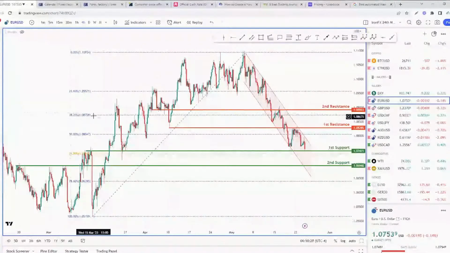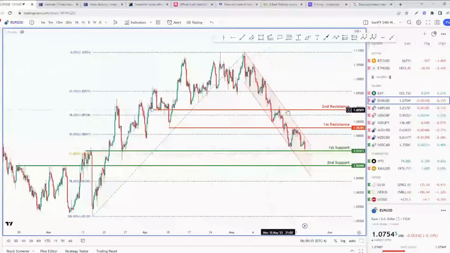But we don't just use the Fibonacci levels blindly, so to speak. We also try and match them with significant areas of support, right? So as you can see here, this price level of 1.090 has served as support over here fairly well.